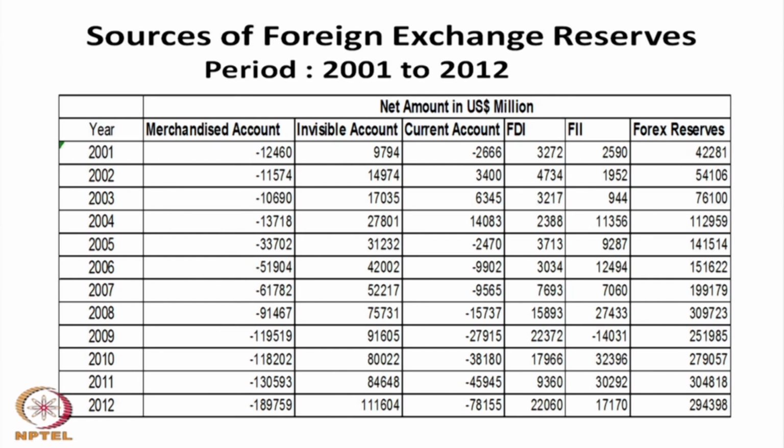In India, our export earning reduced, and because of this our foreign exchange reserve declined. The significant contribution to foreign exchange reserve in the later part of the reform, 2001 to 2012, is from invisibles, foreign direct investment and foreign portfolio investment.